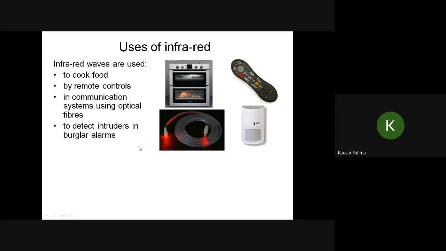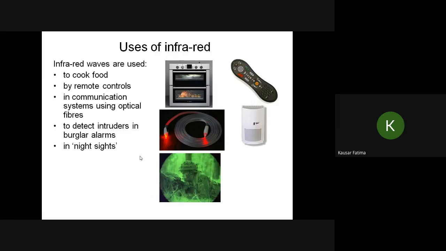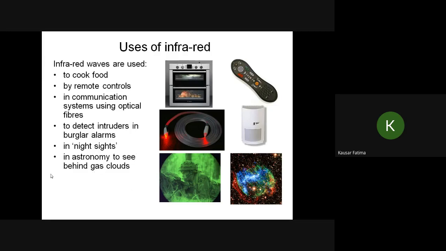They are infrared detectors which will operate a motor which will open the door when a person enters. When a person blocks the way of infrared radiations, the doors will automatically open. And night vision cameras also make use of it. Astronomy also, to see behind the gas clouds.